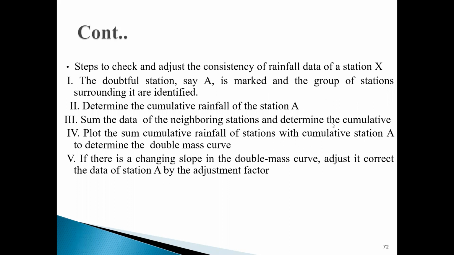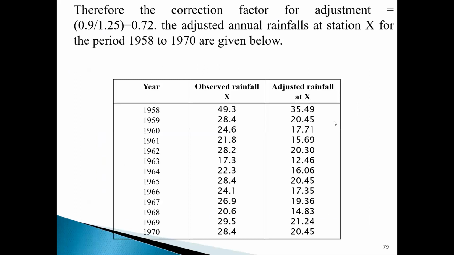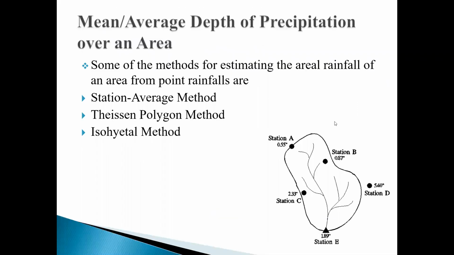So these are some of the methods by which you can estimate the missing data, as well as adjust the trend in the rainfall record at the particular station which has happened because of the change in the environment. We have discussed the station year method, the normal ratio method, the weighted average or inverse square method, and also the double mass curve analysis.